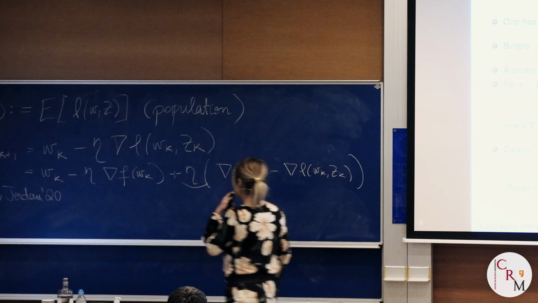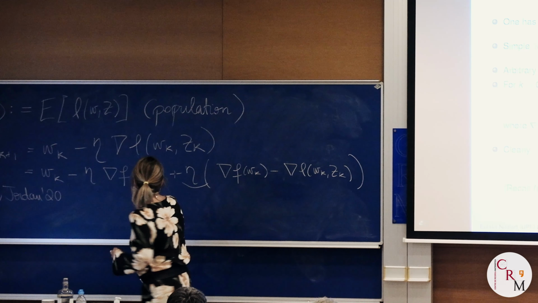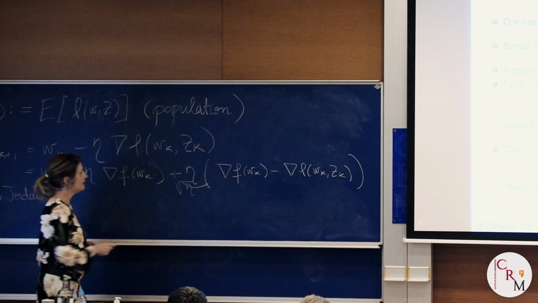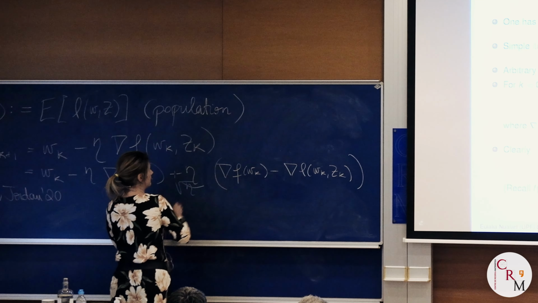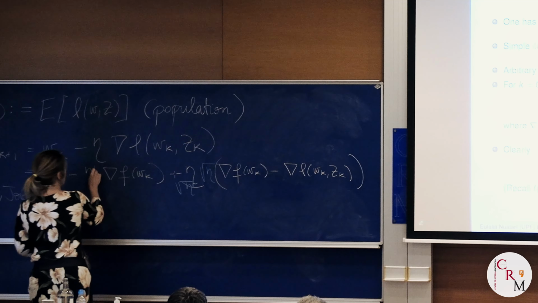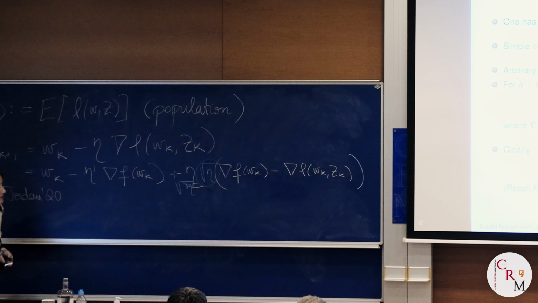So instead, what you need to do is to write this as square root of eta instead of eta, okay? And you can keep the other square root of eta to be, so let's call it this one eta prime, and let's keep this as eta. Okay, so somehow you split the eta into square root of eta, and you make use of it differently.